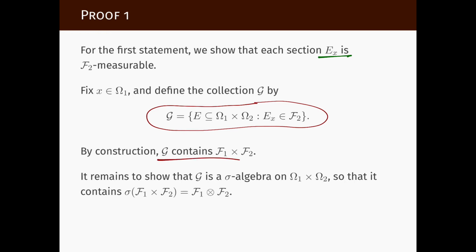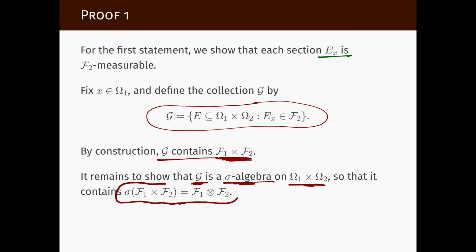And this is what we're going to do. We're going to show that G is a sigma algebra. And if G is a sigma algebra on this sample space given by the Cartesian product of omega 1 and omega 2, then it contains the sigma algebra generated by this class, because it contains this class.